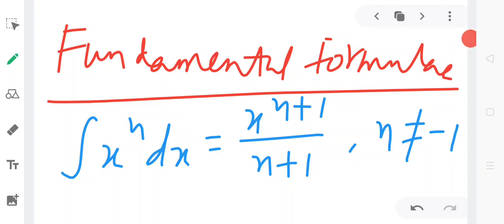Integral x to the power n dx is equal to x to the power n plus 1 by n plus 1, where n is not equal to minus 1. This is the result that is going to be used more often. So this you need to remember by heart.